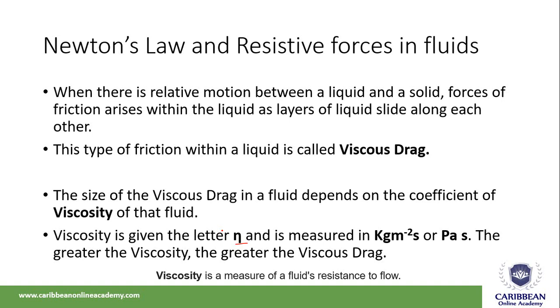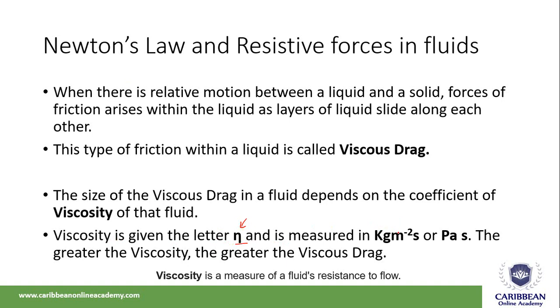Now, whenever we're talking about this type of thing, we will come across what we call the coefficient of viscosity. And here there's a symbol for viscosity. It's like an N but with a much extended length of one of its sides.